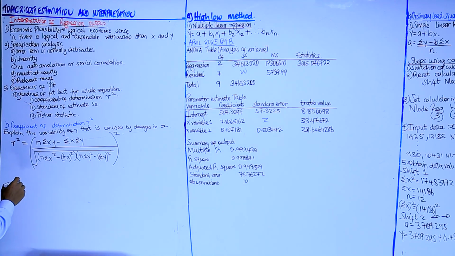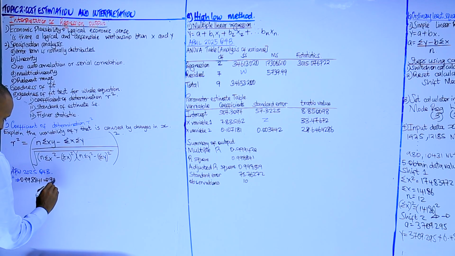Now, using this April 2025 question 4b, you can say that R squared is 0.998841, which you can further say is 99.8841%.